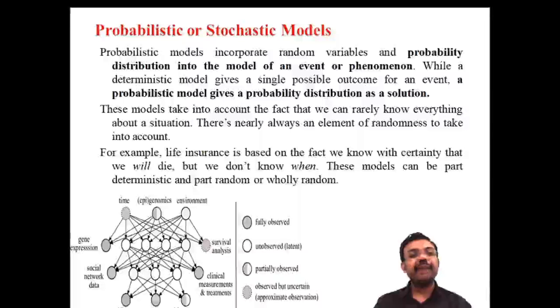There is a probability that we will die or not in a specific period. There is certainty, but we don't know when, so that is a probability. There is importance given to probability. This is one of the important examples of the concept of the stochastic model. So the second category, the probabilistic or stochastic model, uses probability and probability distributions for taking a decision.